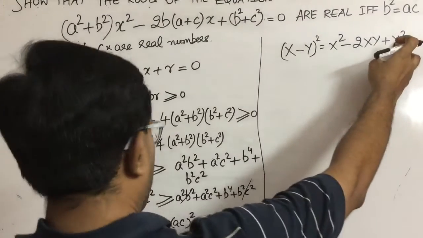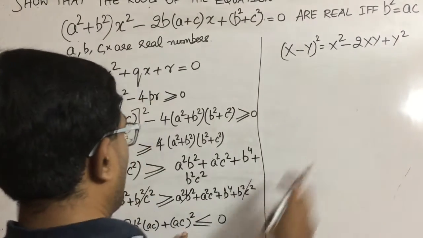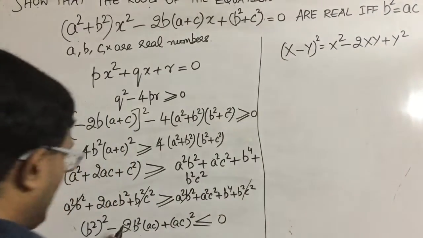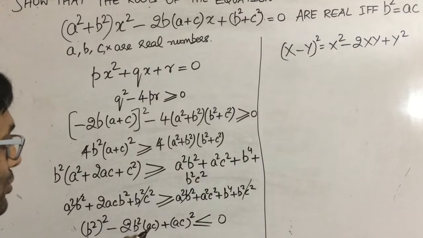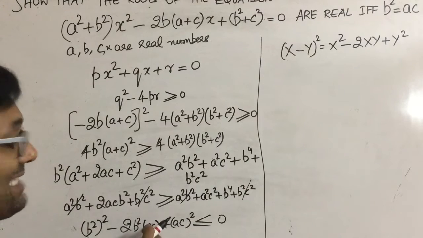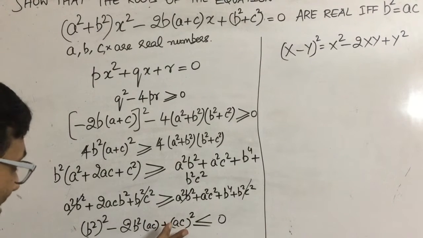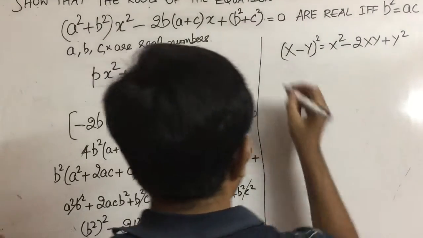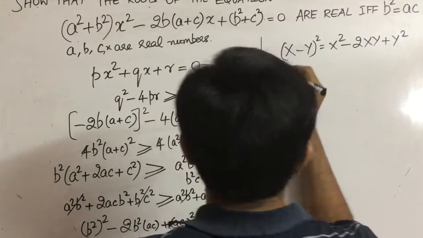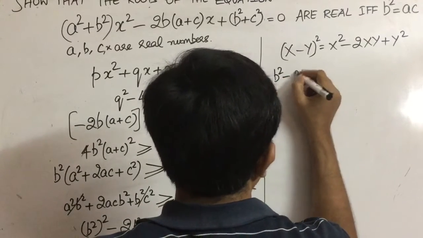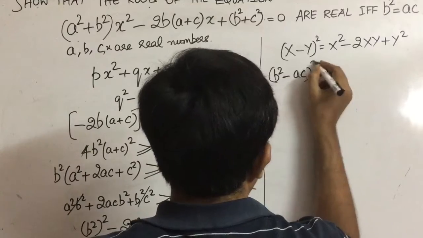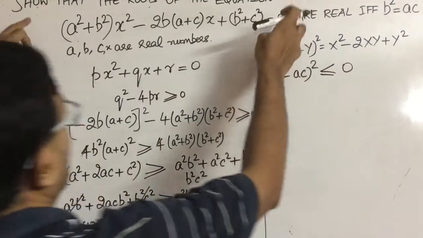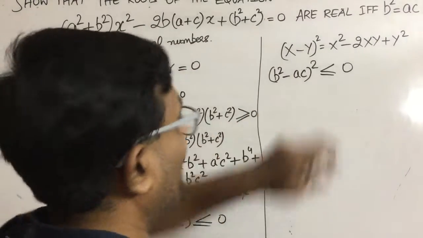And if we took y as a into c, then y squared would be a into c the whole squared. Minus 2xy would be minus twice x, which is b squared, times y, which is ac. So this perfectly fits this formula. So basically this can be factorized as b squared minus ac the whole squared, and this needs to be less than or equal to 0 for this given quadratic equation to have real roots.